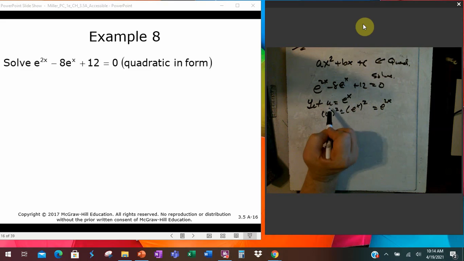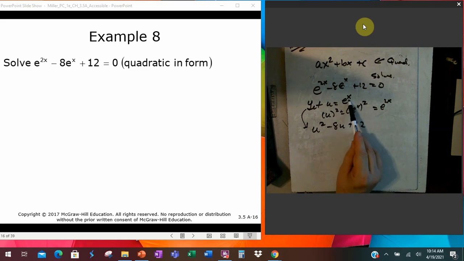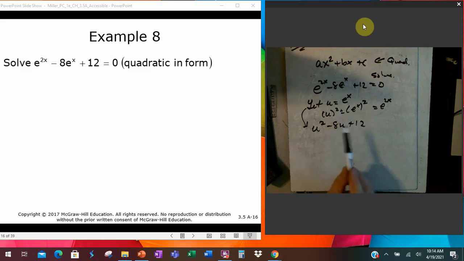U is that, u squared is this, so this is really u squared minus 8u plus 12. Now I can solve this piece, and then I just have to remember, well, I've got to go back and solve this, okay?